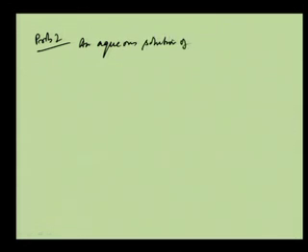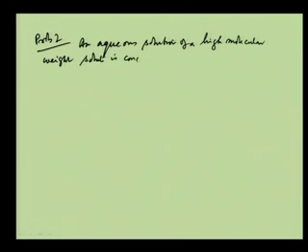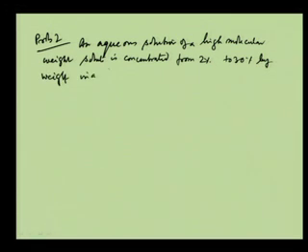Now, if we solve a problem, problem 2, quickly I will tell: an aqueous solution of a high molecular weight solute is concentrated from 2% to 30% by weight in a forward feed double effect.